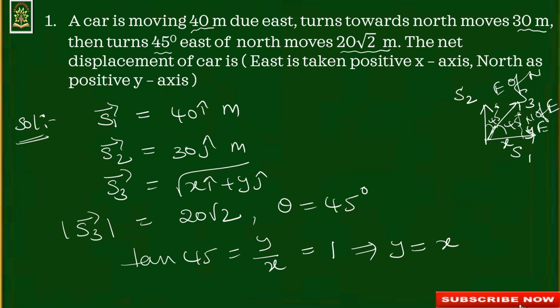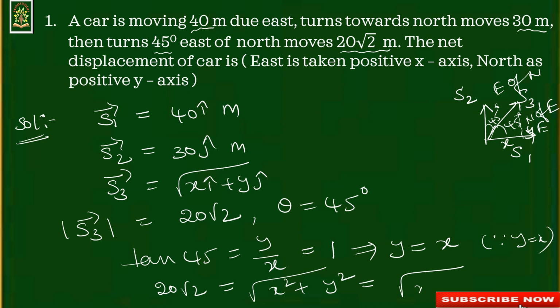So 20 root 2 is equal to square root of x square plus y square. Here y is equal to x. Substituting x in the place of y, we get x square plus x square.